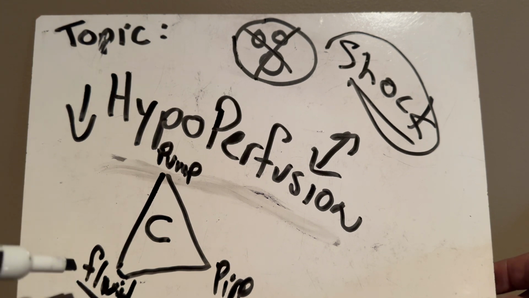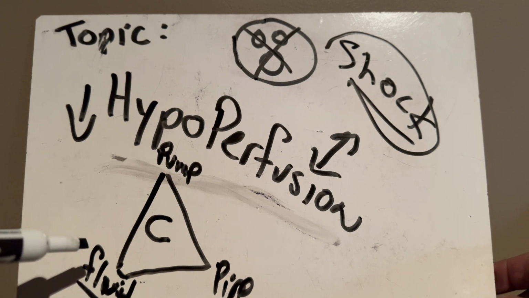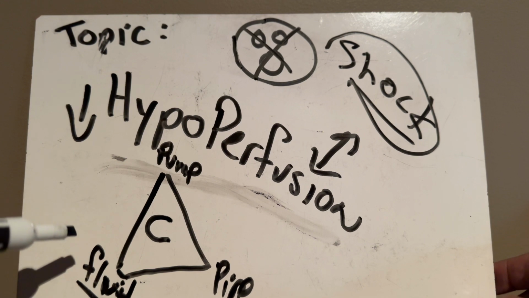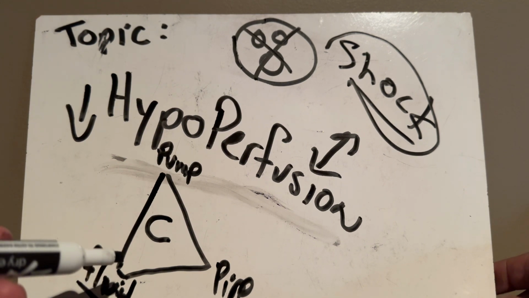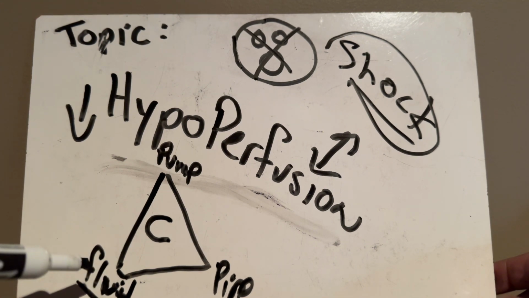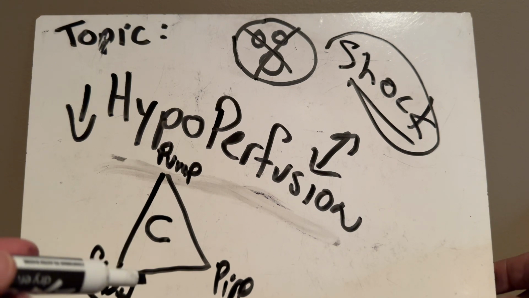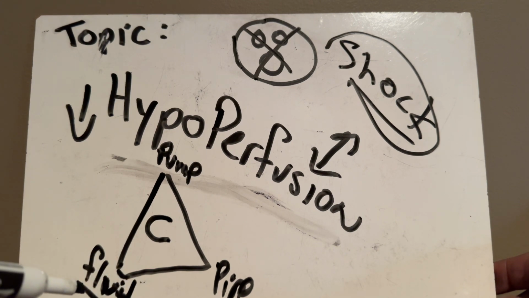The fluid is the blood. Within the blood, you have the red blood cells that carry oxygen and carbon dioxide. You have the white blood cells that fight infections. We have the platelets that coagulate or stop the bleeding. And last but not least, the plasma, which is the liquid form of the blood that carries everything over.